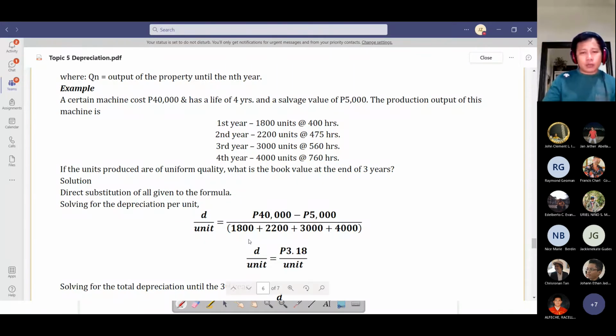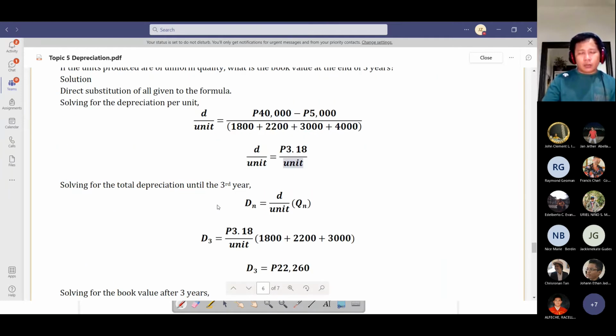So this is the depreciation per unit. Every time this machine produces a product, it depreciates by 3.18 pesos per unit produced. So we have to solve for the total depreciated amount until the third year.